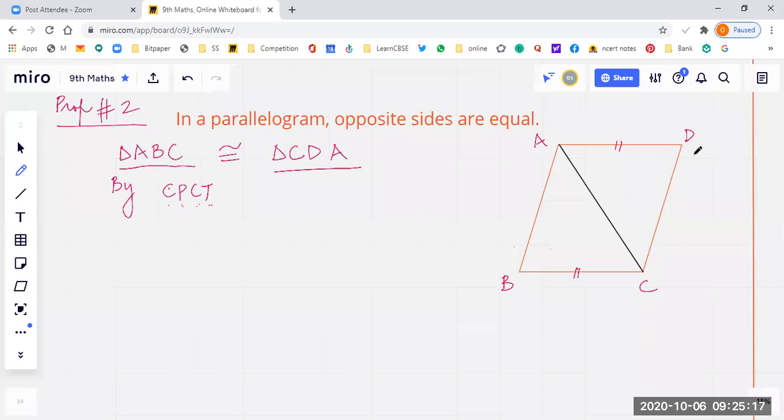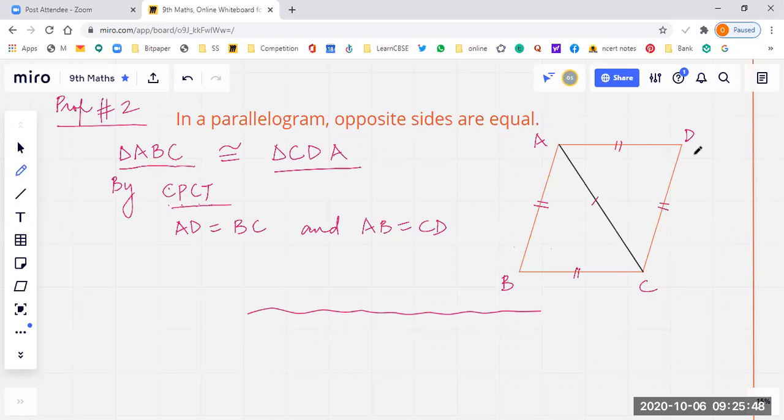AC and AC are corresponding parts. AB and CD are corresponding parts. From this I can say AD is equal to BC and AB is equal to CD. So I have proven the second property also by proving that the diagonal divides the parallelogram into two congruent triangles.